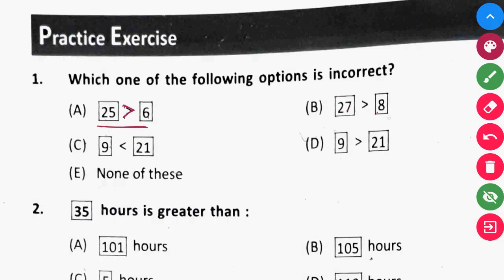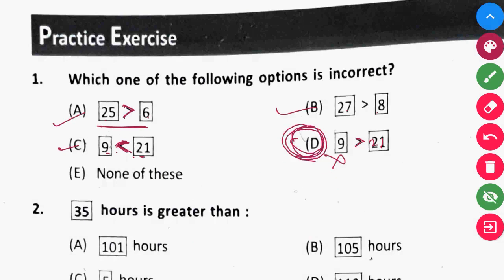Yes, this statement is also correct. 9 is lesser than 21. Yes, the bigger sign is towards 21, so this one is also correct. So A, B, C are all correct. Now moving to D: 9 is greater than 21. No, it's incorrect. So your answer is option D.